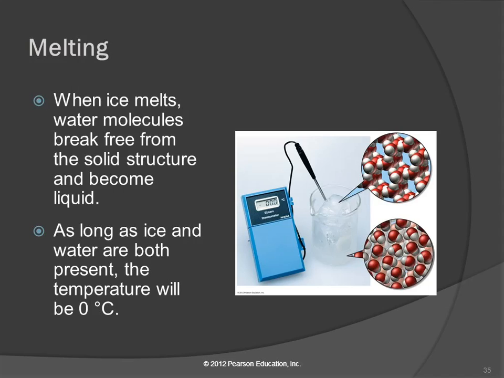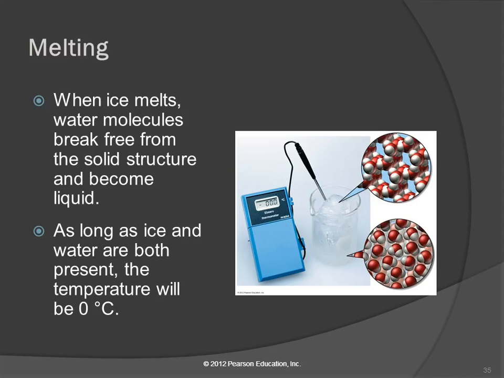What's interesting is just like with the boiling, as long as the ice and water are both present, if you have both states present, the temperature will be 0 degrees Celsius. So an ice-water mixture, provided it's pure ice and water at atmospheric pressure, is going to have a temperature of 0 degrees Celsius.